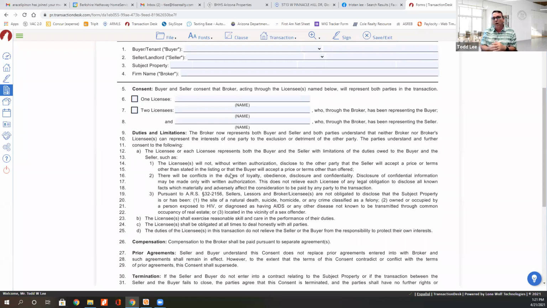So you just need to be very careful with situations like that, that you don't disclose anything that you shouldn't, especially as far as selling price or terms or things along those lines, things that would give the buyer an unfair advantage or the seller an unfair advantage. If you've got the buyer on your side as well, and the buyer said, well, I'd be willing to go up to 350 or 360 on this property, I'd be willing to go that high on it.